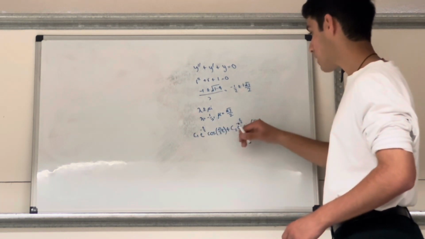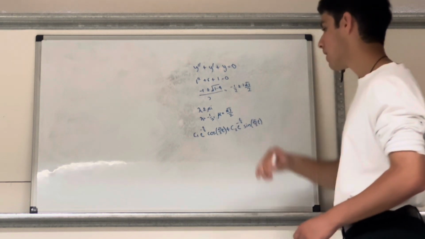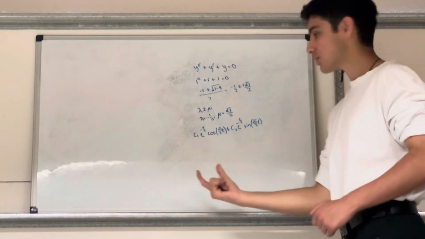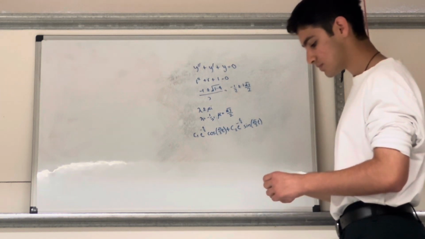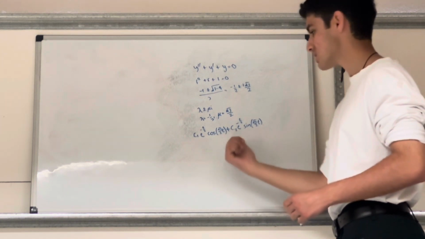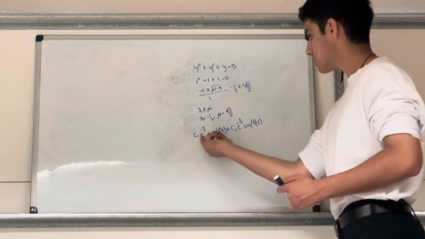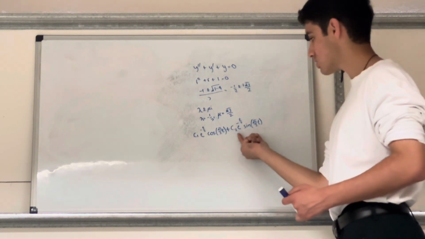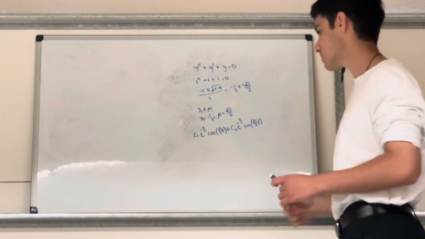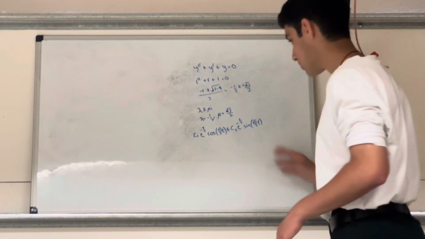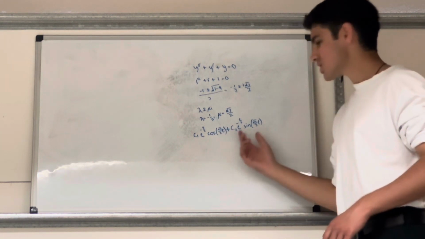You want to find y2 prime, which will be the derivative of this entire thing. And then you want to put that in that big determinant, evaluate the determinant, and you'll see that it's not equal to 0 at any point, and then you can verify that these form a fundamental set of solutions, and this is a linear combination that encompasses all possible solutions. So that's it for complex roots.